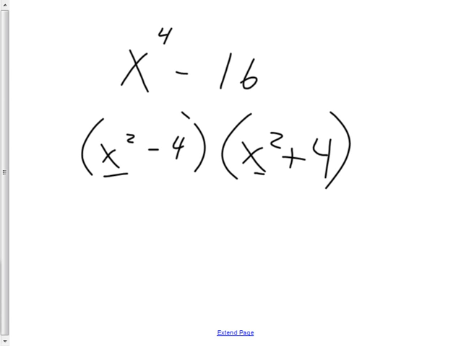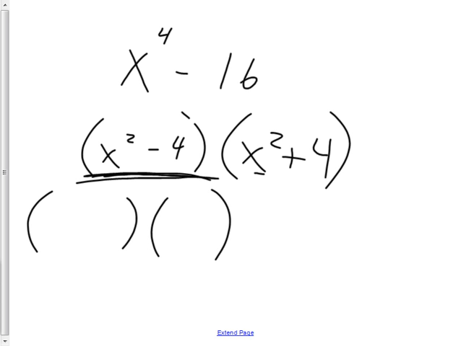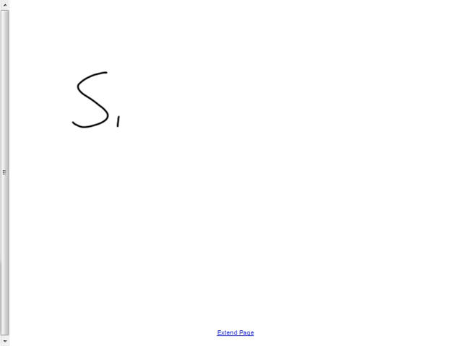And then you see how from there we could break it down again? Look at that one. Isn't that a difference of squares? See how that could break into x plus 2 and x minus 2? You get that?